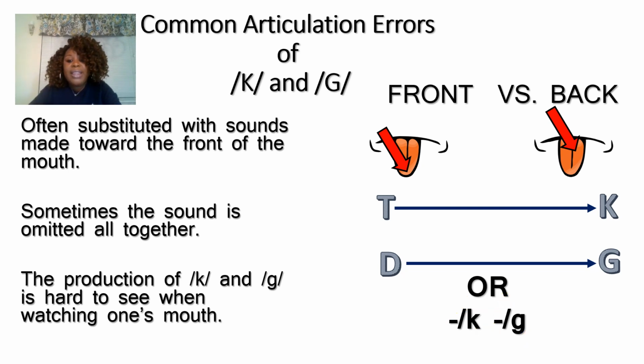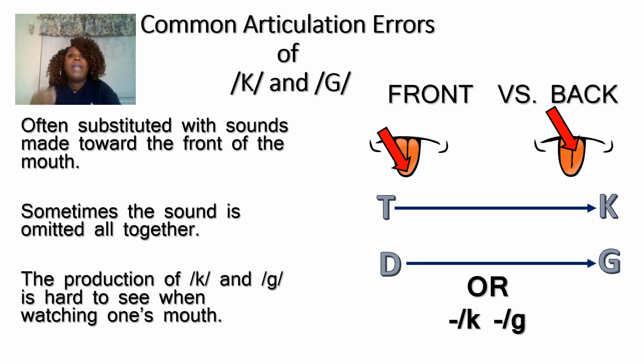Now, one thing that I want to bring to your attention: K and G are sometimes harder sounds to teach because they are made towards the back of the mouth. It isn't easy for a child to watch your mouth and see how it is formed.